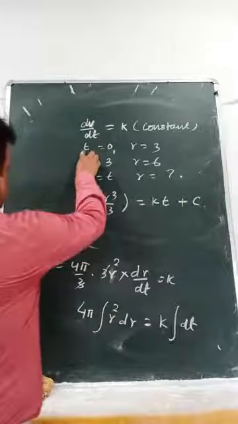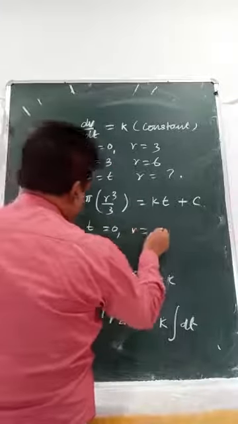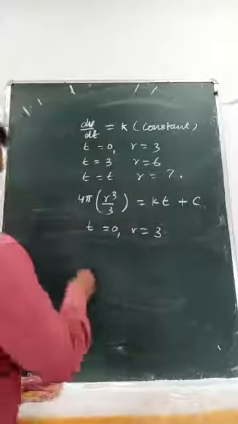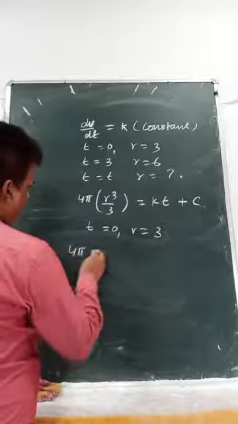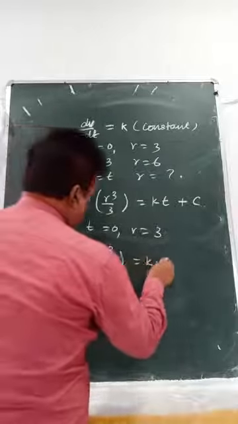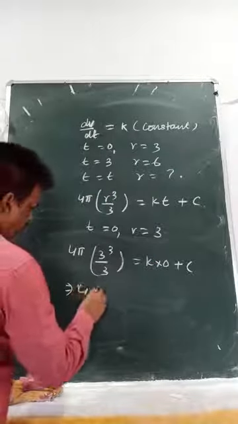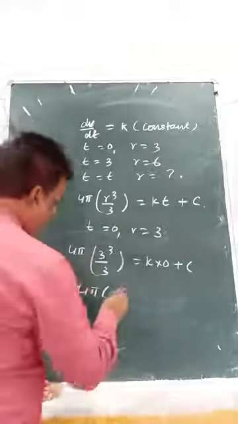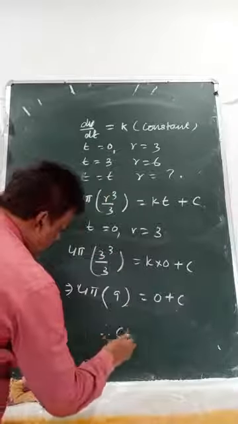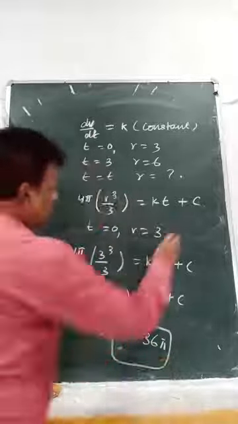Okay, now initially t equals 0, r equals 3. What will you get? You are going to get 4 pi 3 cube by 3 equals K into 0 plus c. 4 pi 27 by 3 is 9, so 0 plus c. So c equals 36 pi. Means you got the c value.